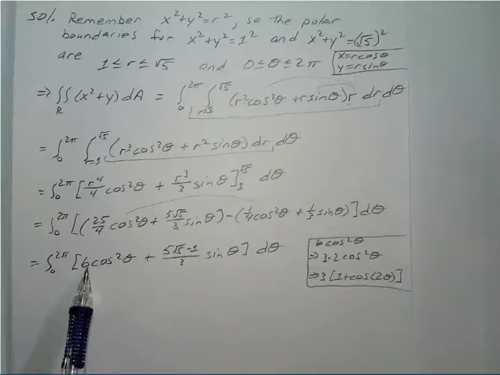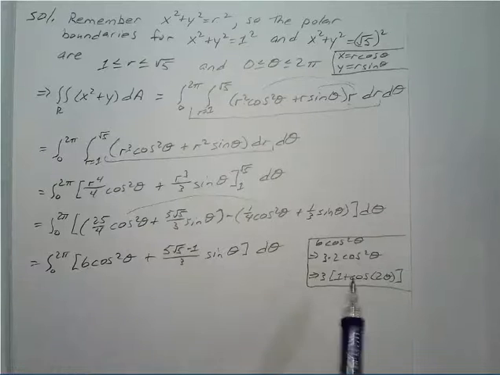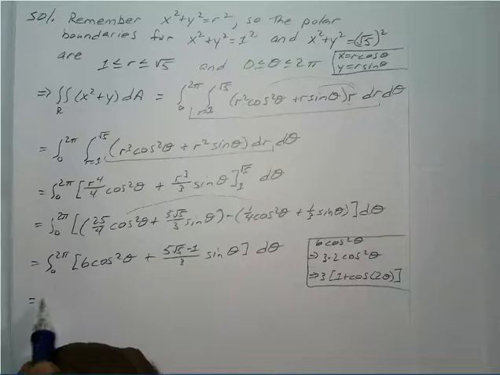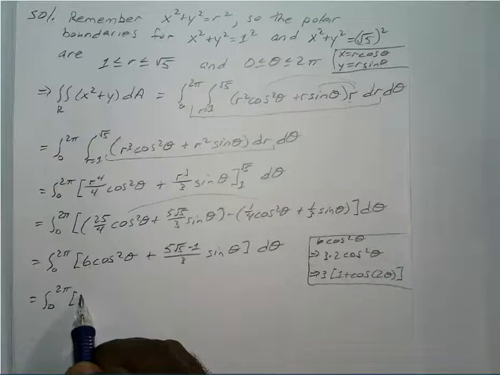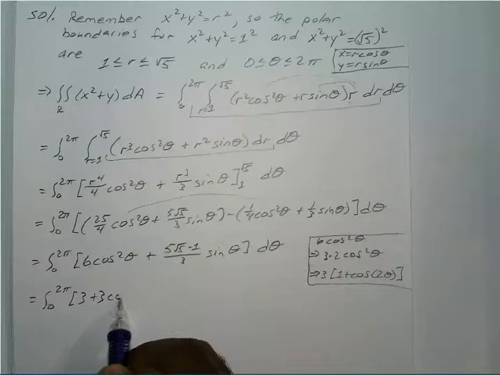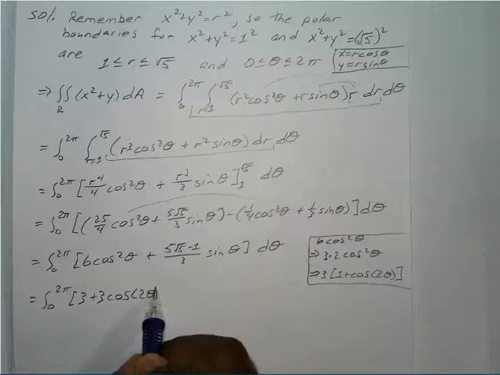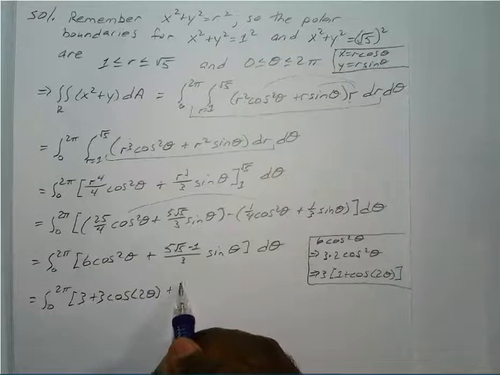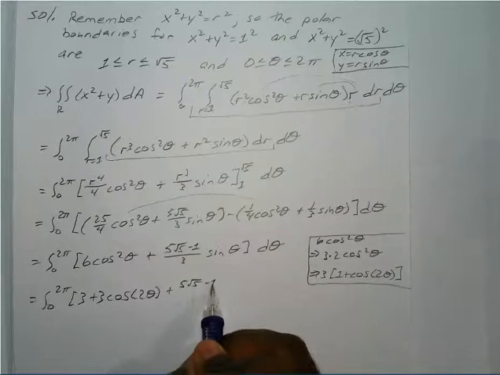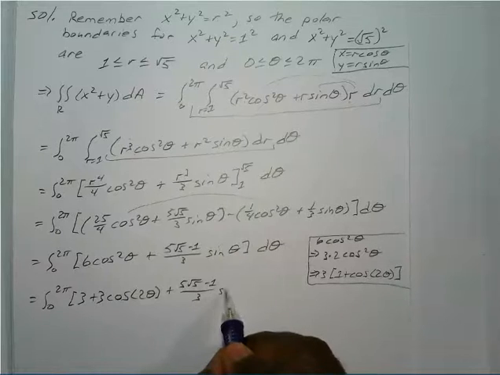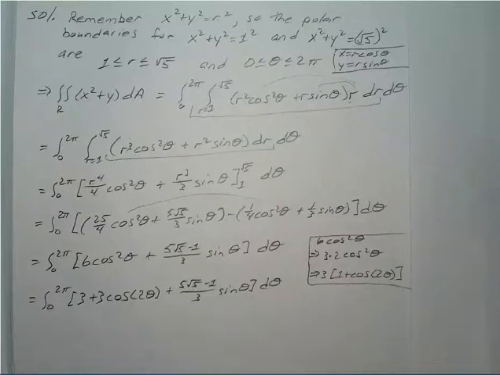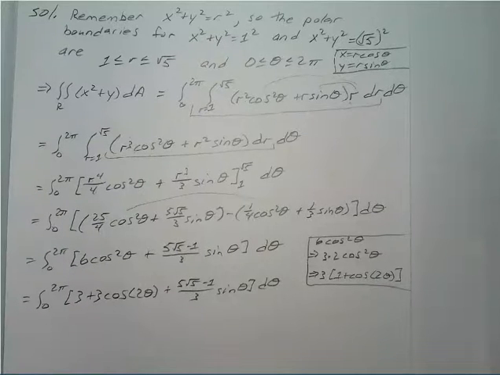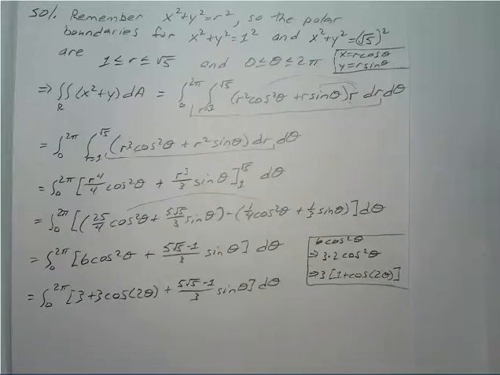So this is just 3 times 1 plus cosine 2 theta. We distribute that 3 and we will end up with, from 0 to 2 pi, 3 plus 3 cosine 2 theta plus 5 square root of 5 minus 1 over 3 sine of theta, with respect to theta. Yep, the little trig identities come in handy.